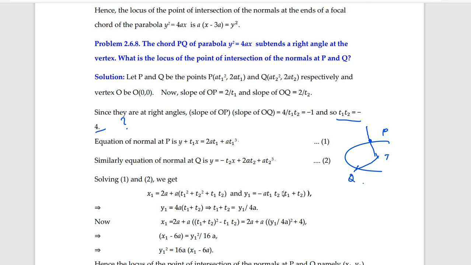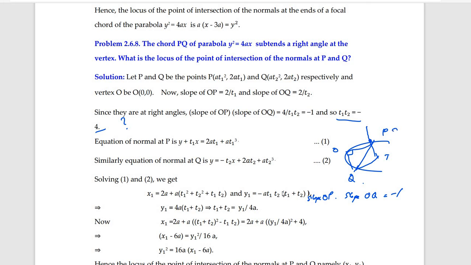This chord PQ subtends a right angle at the vertex, which means the slope of OP into the slope of OQ should be minus 1.